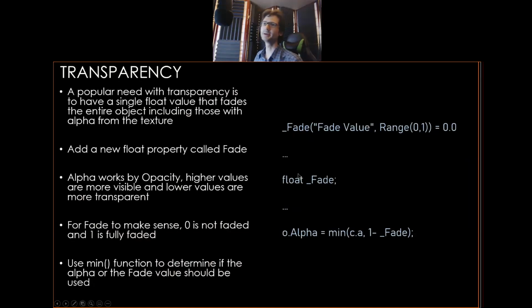So that being said, here's what you need to do. This is probably the most popular and sought after extension of the Unity surface shader. And that is, yes, I have transparency on a texture. However, I also need an object that already has transparency to fade in and out. So people could shoehorn this by directly manipulating in real time the texture and writing to the alpha channel and making it disappear, right?